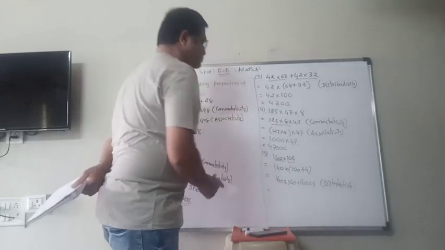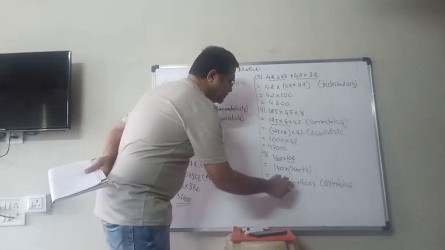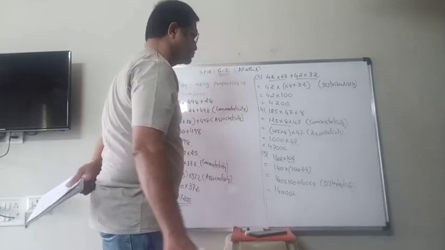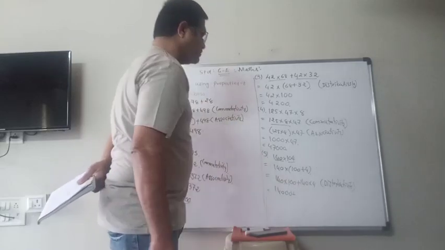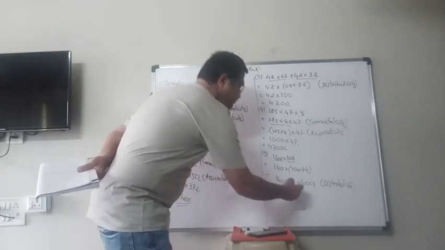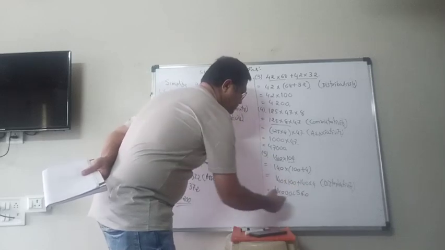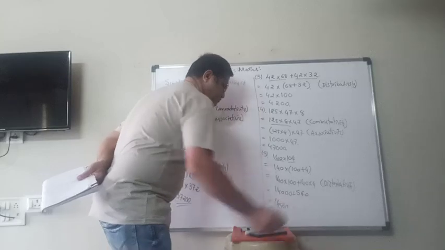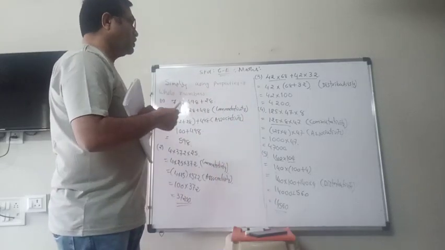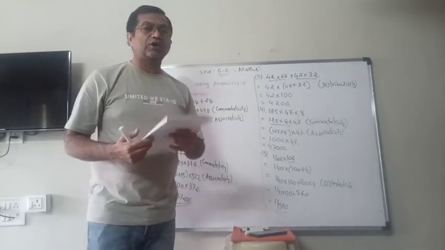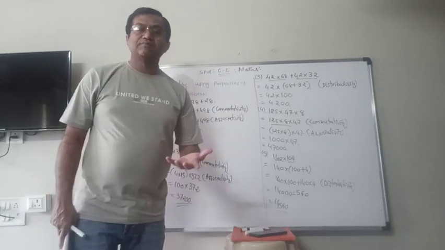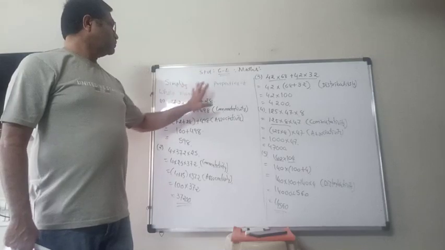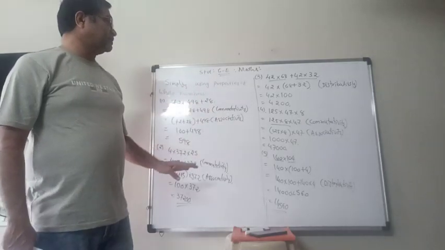So now 140 multiplied by 100 is 14,000. 14 fours are 56, so 560. So 14,560. So if all the properties are in your mind, then it will be very easy for us to do the sums like that.